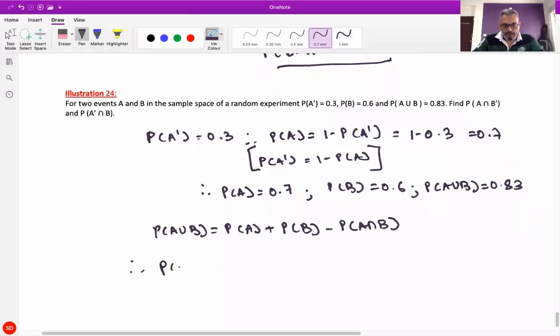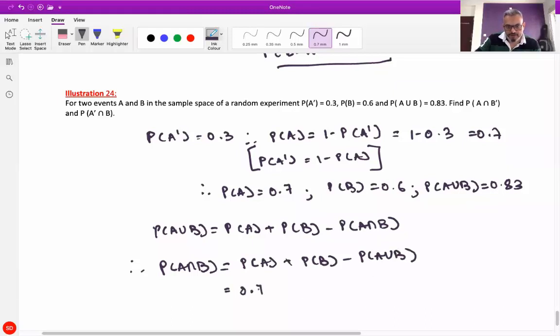Therefore, P of A intersection B, moving from the right hand side to the left hand side, is equal to P of A plus P of B minus P of A union B, which is equal to 0.7 plus 0.6 minus 0.83, which is equal to 0.47.